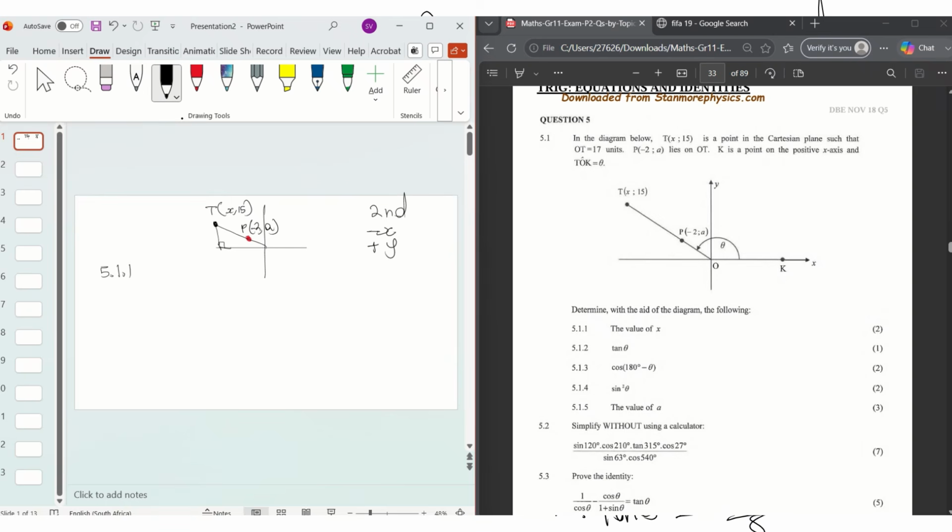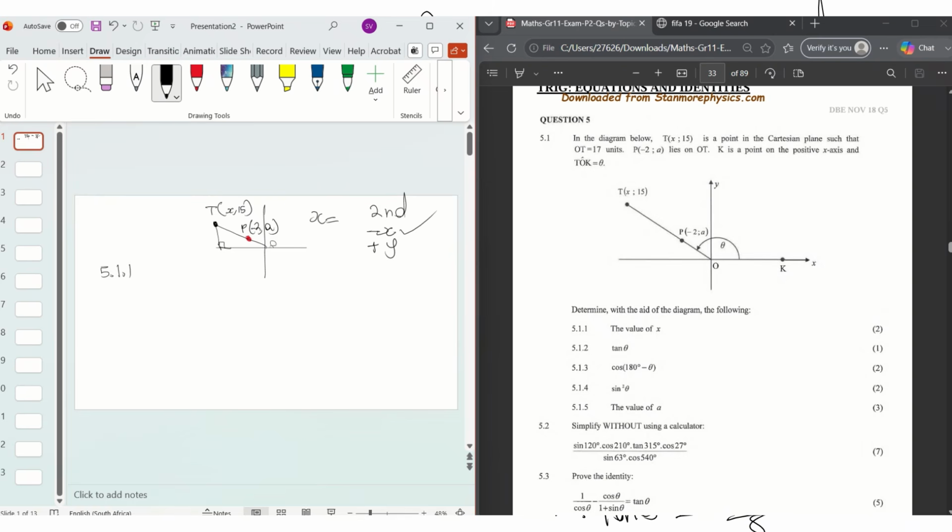When we solve this question using the Pythagoras theorem, you get two roots, but most of you write down the positive value. So you must know that the x value you expect for the second quadrant is negative.